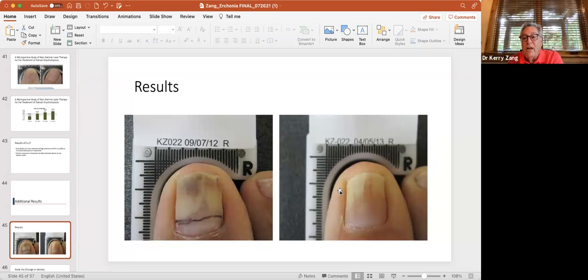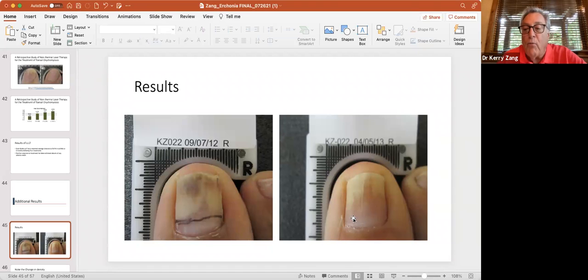First treatment, and you can see the first treatment line was right over here. Second treatment line, not so much nail growth, but you can see the laser. It's like the rings on a tree. And then the third laser treatment, you can see how the nail was right down to here.